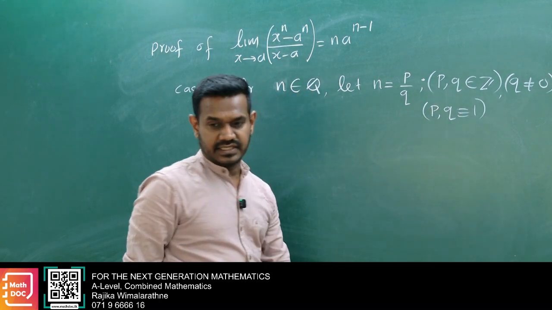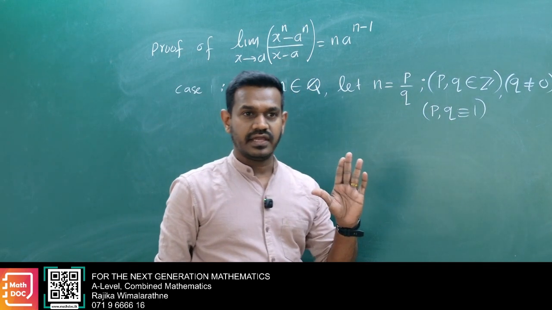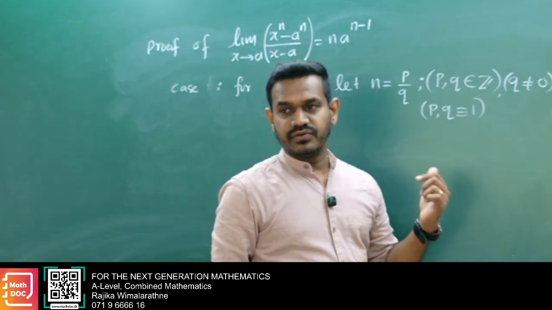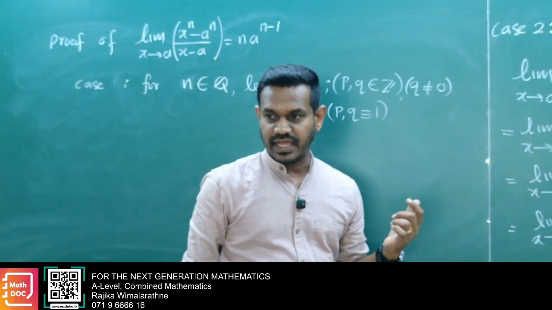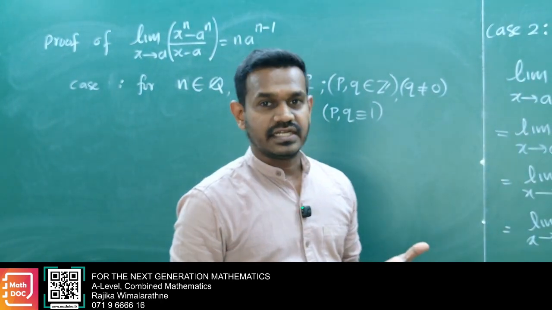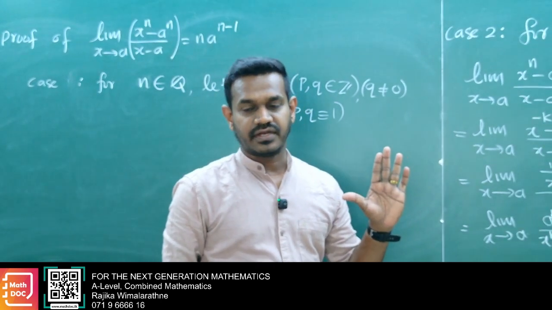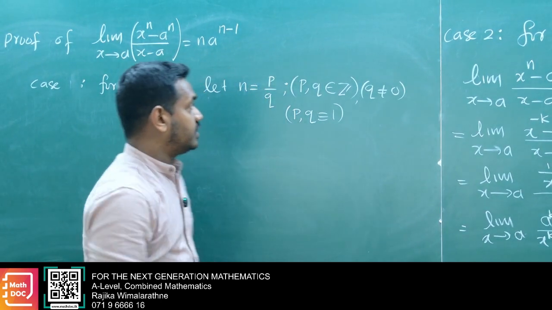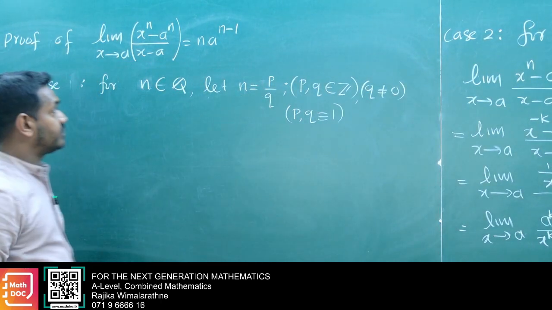That's the rational thing. Okay. Therefore, you take the n value like p divided by q. Then for rational numbers, we have properties, no? P divided by q type.